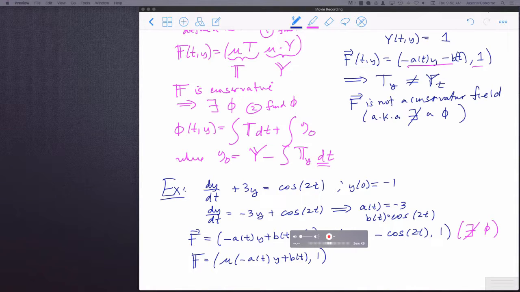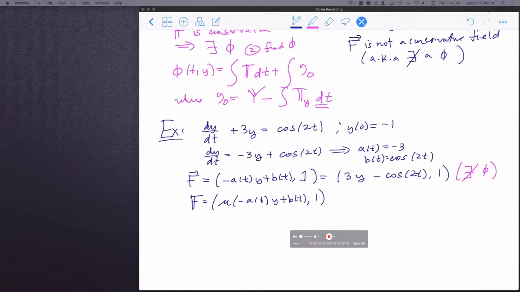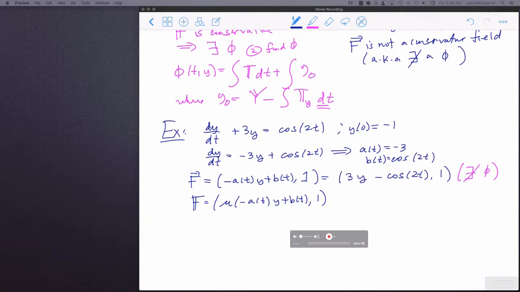And our integrating factor mu in this problem is equal to e to the integral of minus a(t) dt. But a is equal to -3, so minus a is equal to 3. So we integrate e to the 3 dt, which tells us that our integrating factor is e to the 3t.